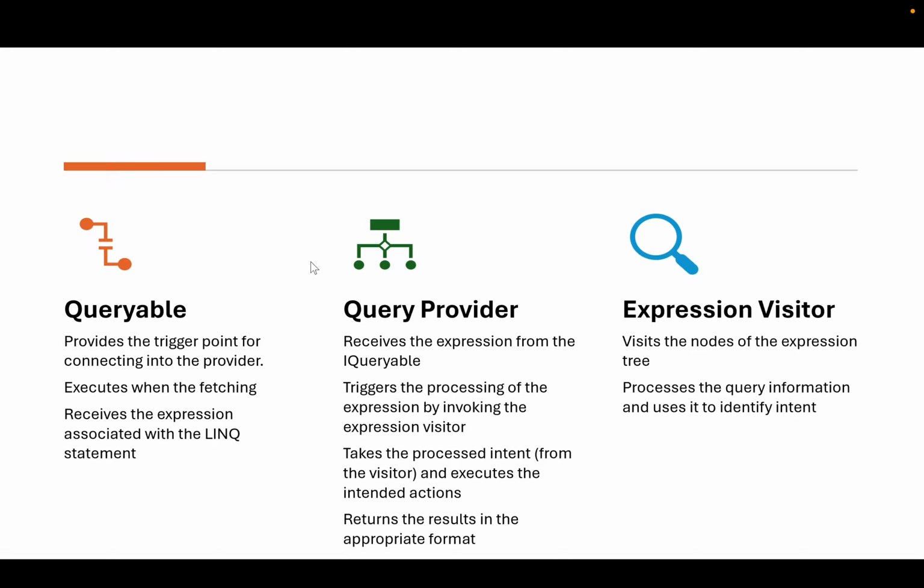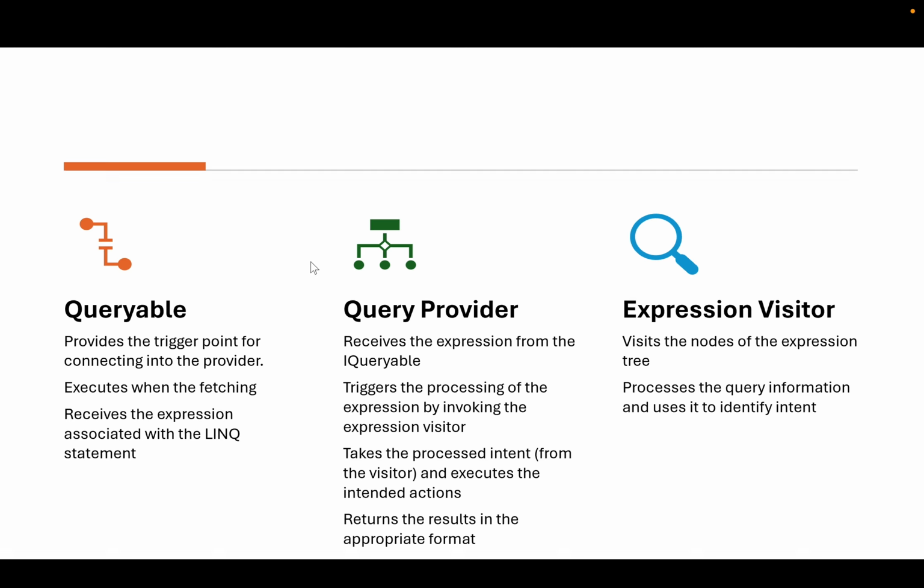That trigger point is also what actually executes the fetching. And ultimately you receive the expression associated with the LINQ statement that you've written. Then you can pass that on to the query provider, which ultimately passes it on to the expression visitor. The query provider essentially is what triggers the visitor.